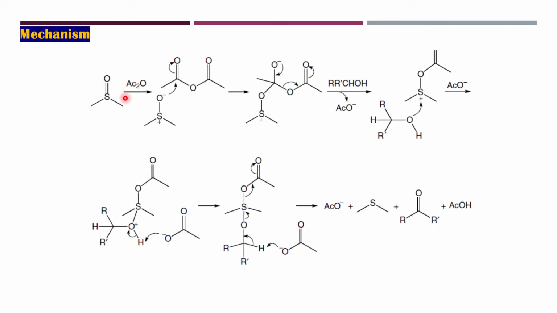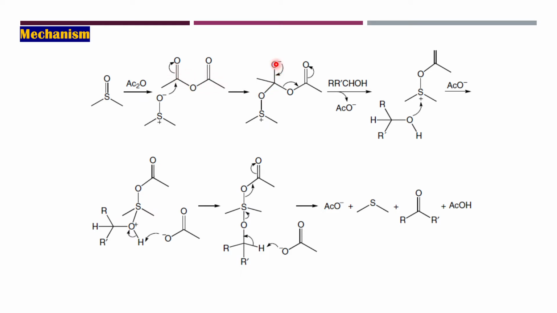You have this DMSO, which is now reacting with the acetic anhydride. So this lone pair on the sulfur is making a nucleophilic addition reaction to the C of the acetic anhydride, that is the CO, carbonyl functionality.